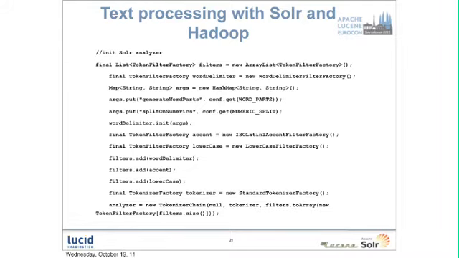Text processing with Solr and Hadoop. Solr has a lot of powerful analyzers already built in, and sometimes you may need to use them outside of Solr. I mean, you would be interested in tokenizing some text using the Solr analyzers, but you then don't want to build the index.